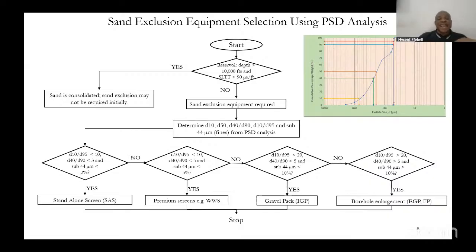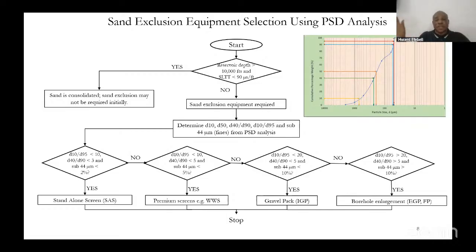So when you are designing your well for the first time, this could be a guide on selecting the appropriate sand control equipment, right? So if you look at the chart at the top, this is actually a particle size distribution chart, right? So you get the data for this particular chart from sieve analysis.